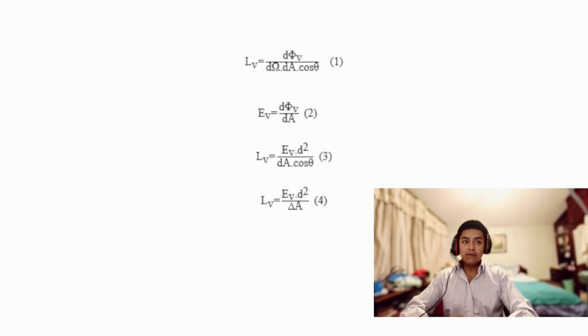Mathematically, the amount of light reflected from a surface and perceived by the observer is known as luminance, and is established through equation 1. Additionally, luminance can also be defined as we can see in equation 2.